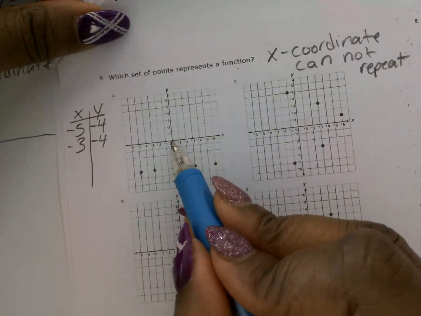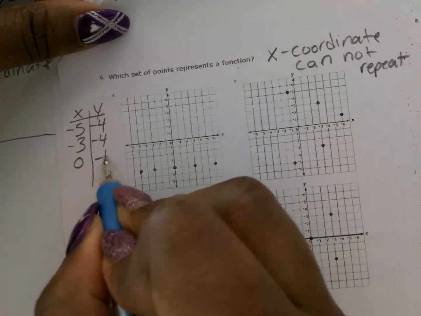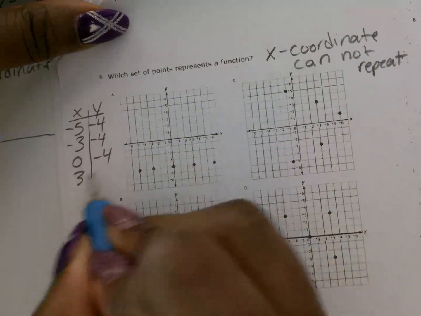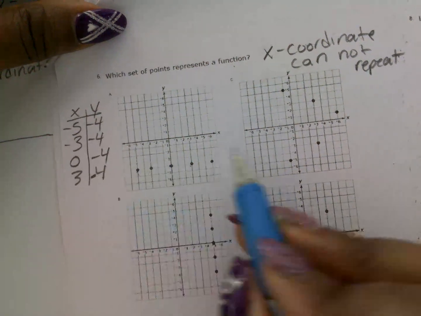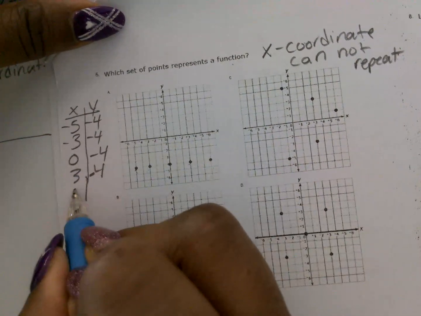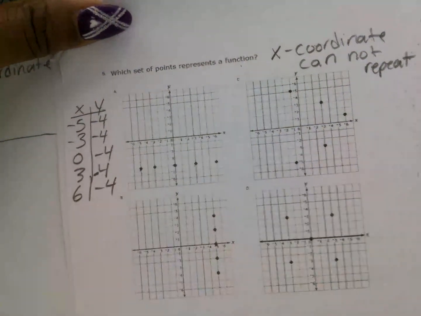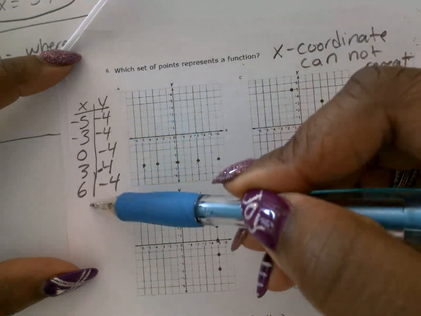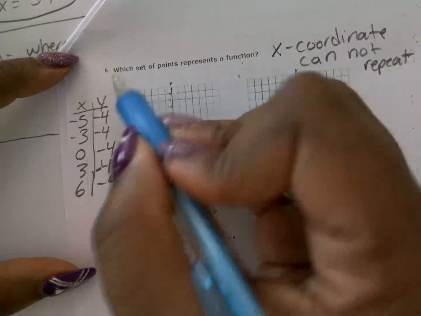This ordered pair is 0 and -4. This ordered pair is +3 and -4, sorry. And this ordered pair is +6 and -4. Okay? So all of my x coordinates here are different. This is a function.